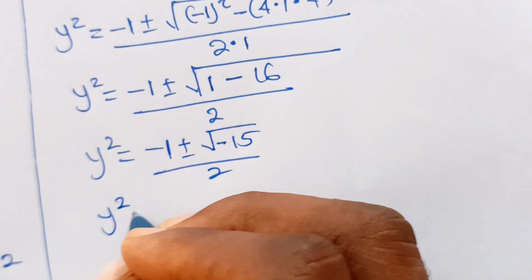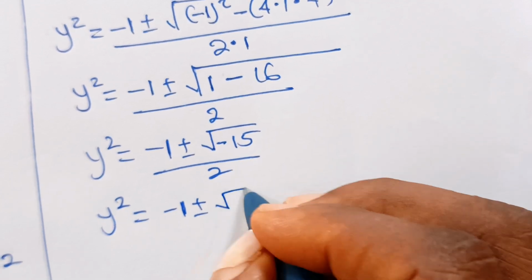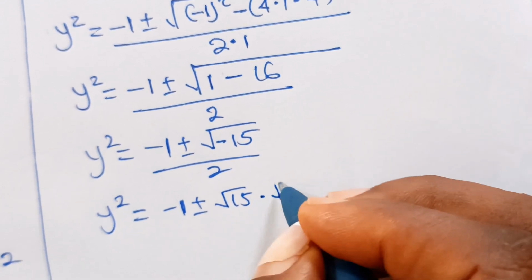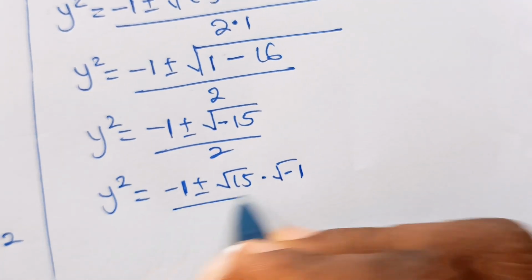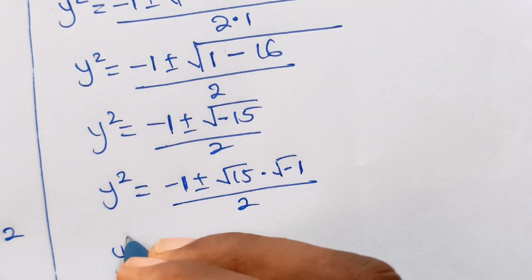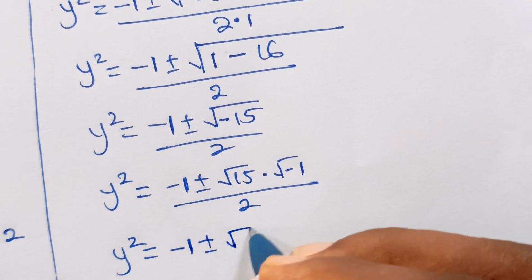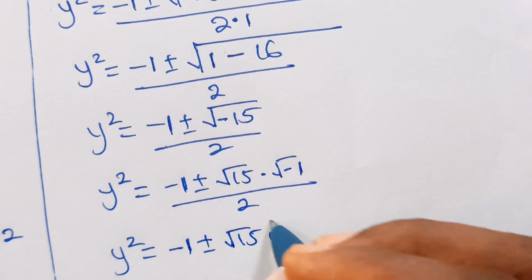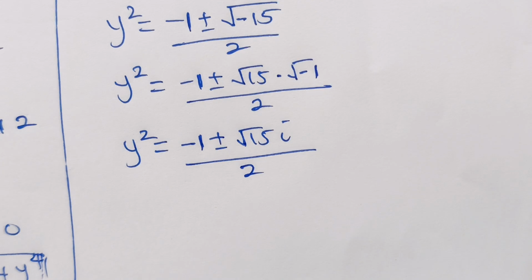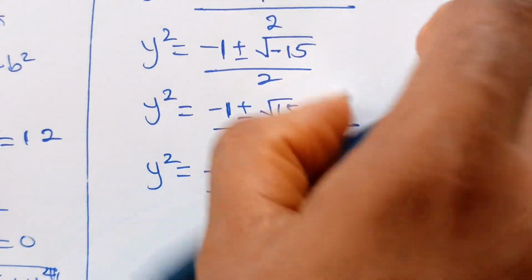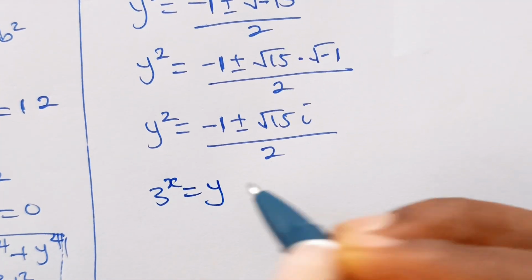So we can see that y squared is equal to minus 1 plus or minus, this is the same thing as, the square root of 15 multiplied by the square root of minus 1, all divided by 2. So y squared is equal to minus 1 plus or minus the square root of 15 times i, since the square root of minus 1 is i, divided by 2. Now when you look at this, recall that our 3 to the power of x is equal to y.